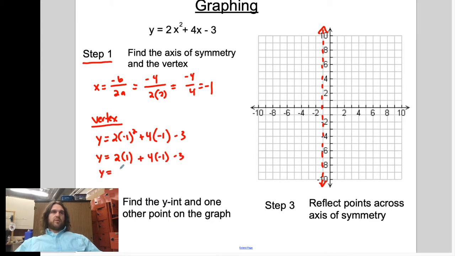Now I'm going to go through and do my multiplication. 2 plus negative 4, or 2 minus 4 minus 3. You get a y value of negative 5. Cool. It's got the vertex of negative 1, negative 5. That is so exciting. There's my vertex. Sweet. Okay.